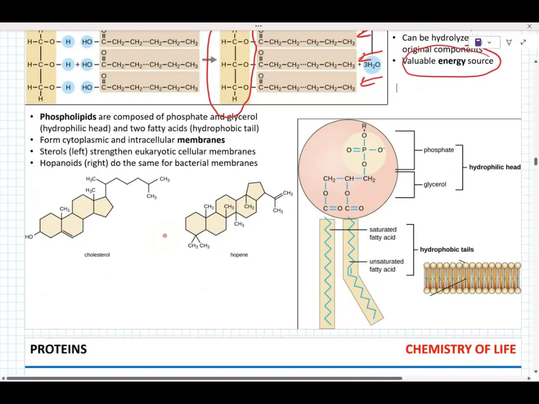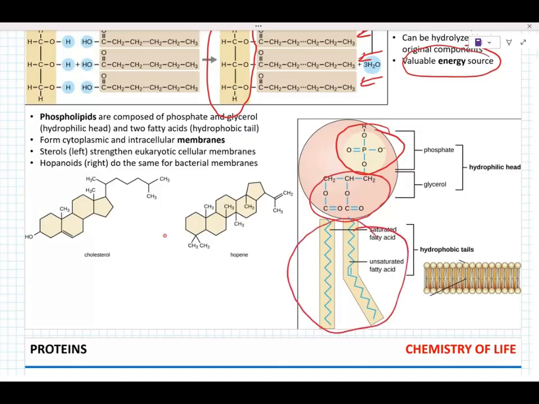When we get to phospholipids, we add one more component into the mix. Instead of one of the fatty acids, you have a residue of phosphate. So it's phosphate, glycerol, and 2 fatty acid tails.